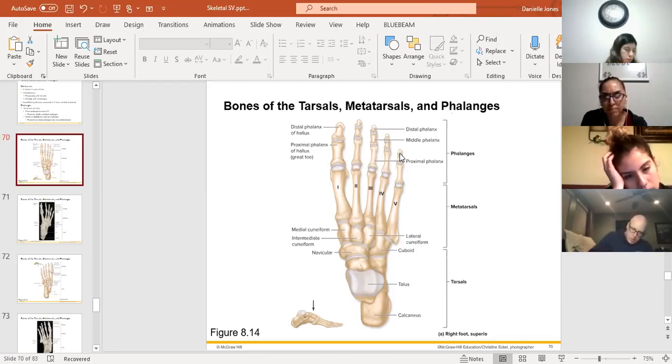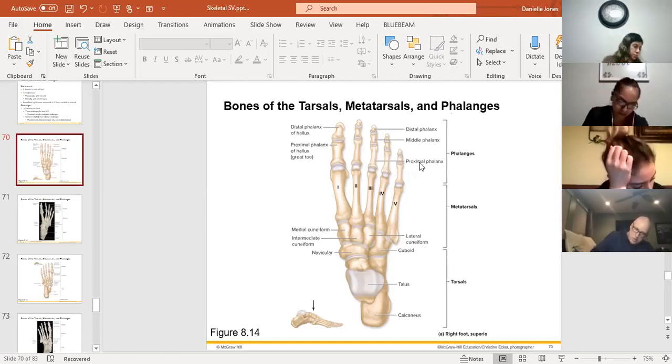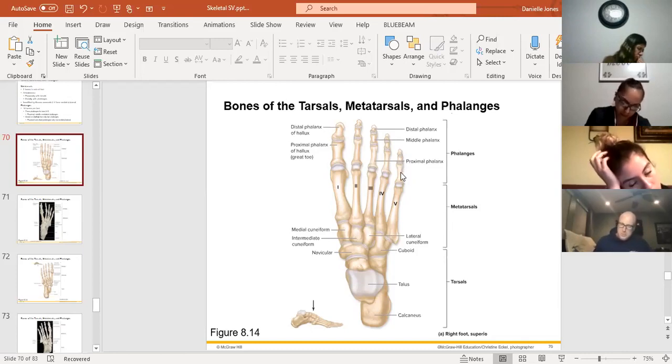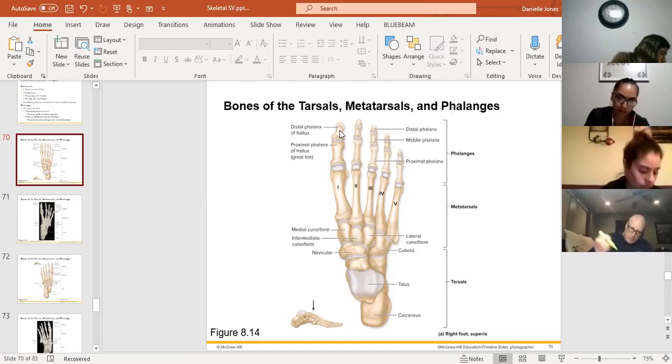So you may or may not see much of a difference in joints there, because they're so tiny and usually fused together. But it still applies in a normal condition that it would be distal phalanx 5, middle phalanx 5, proximal phalanx 5. Okay, proximal phalanx 1, distal phalanx 1.